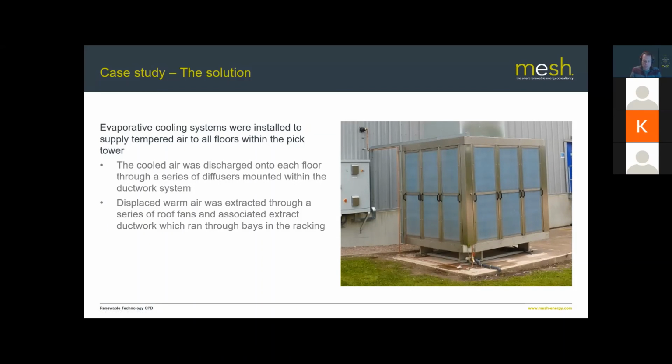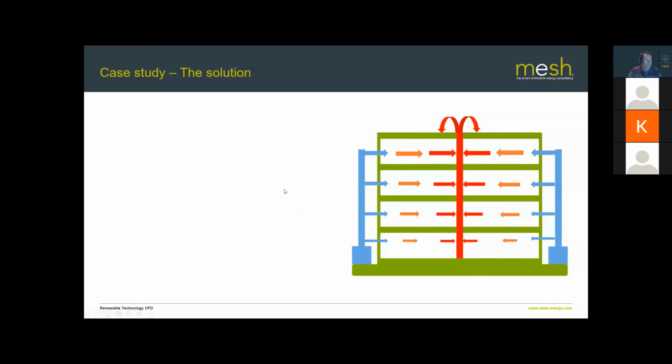So what we did is on each level, we took out a sort of 4-bay square system and then ran a sort of chimney up through that. And we ended up with a system that looked fairly much like this. So you can see that the air was supplied from the outer edges here.